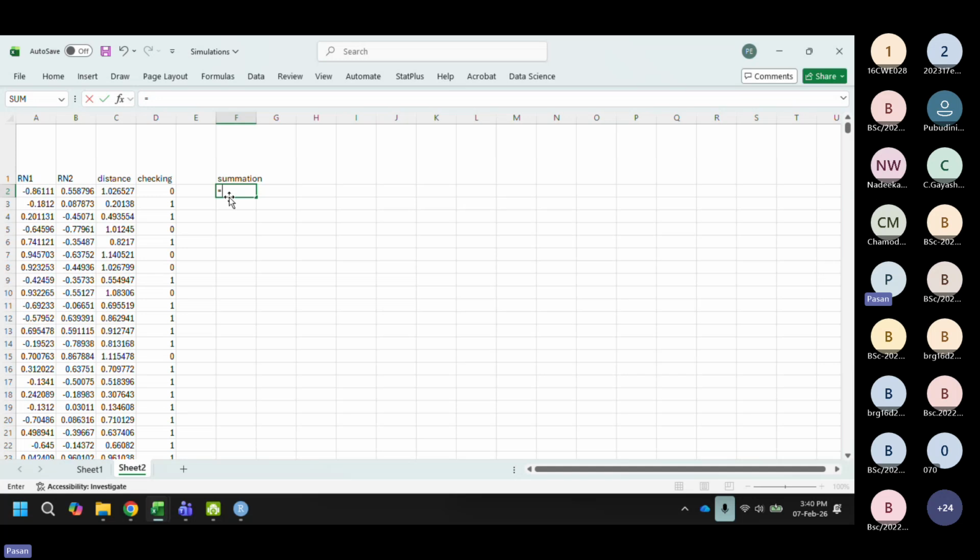So I can take the sum from this one up to 1001. So I can take that summation as 793.